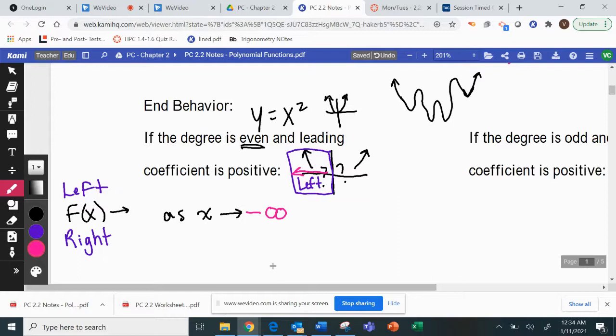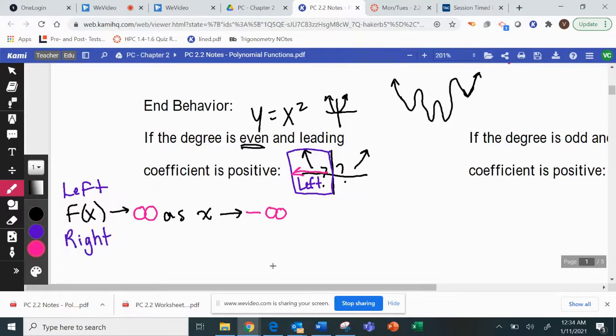So it looks like we're going up, which is going to be positive infinity. So for the left side, the Y values are going up while the X values get smaller. As X's go to negative infinity, the Y's are going higher and higher. So we normally don't read the graph going towards negative infinity, but that's what we're doing for end behavior.